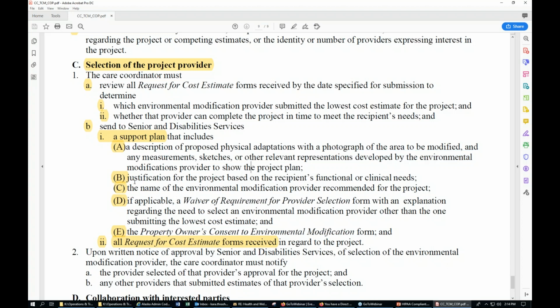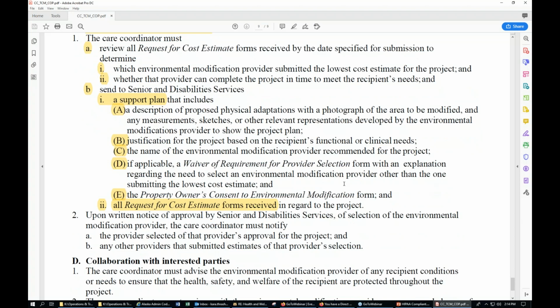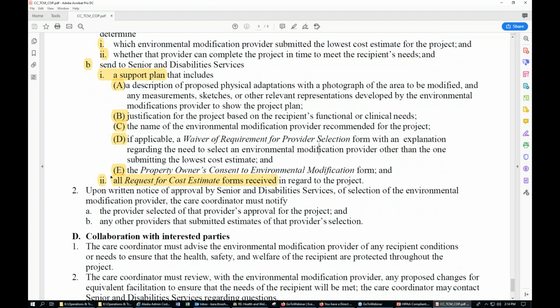You'll include in your plan a justification for the project. You will include the name of the EMOD provider that you are recommending or requesting for that project on the person's behalf. If applicable, if it's a provider other than the lowest, you'll have the form about that, waiver of requirement for provider selection, and the property owner's consent to the EMOD form. And you will include, this one's a little different, or at least that's what I hear from our learners, all request for cost estimate forms received in regard to the project.